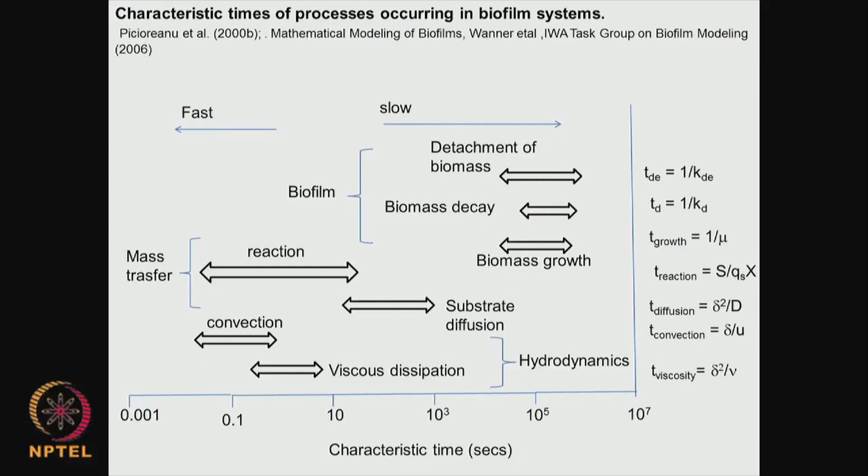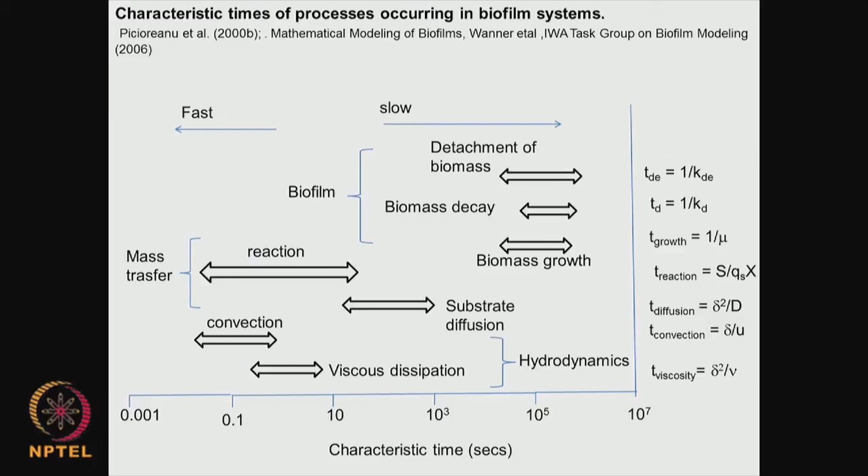Now, if you look at this entire biofilm formation, there are many things happening. You are having flow, you are having mass transfer, that means movement of a substrate, and then we are having bacterial attachment and detachment.